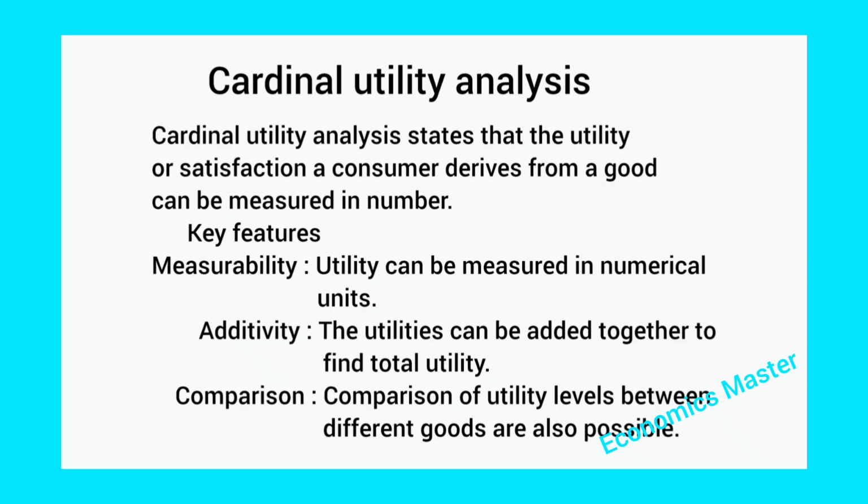It is possible to add all the utilities. The third feature is comparison. It is also possible to compare the utility levels between different goods. These are the important features of cardinal utility analysis.